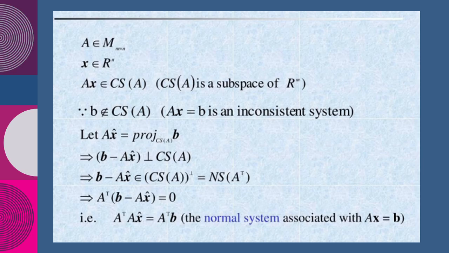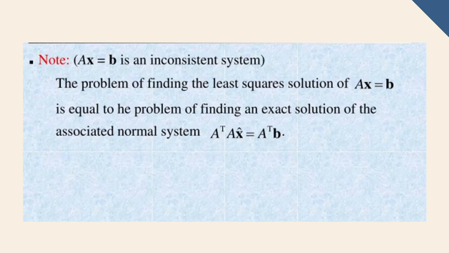To find the least squares solution, we use what is called the normal equation: A transpose times A times x hat equals A transpose times B. We calculate A transpose times A, which gives us a 2 by 2 matrix, and we also calculate A transpose times B, which gives us a 2 by 1 matrix.